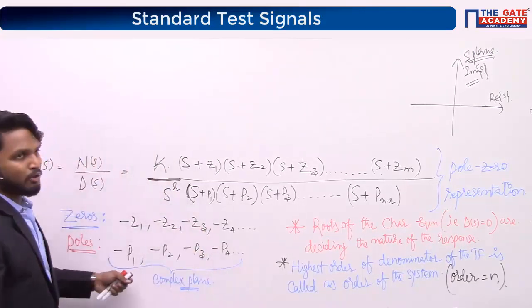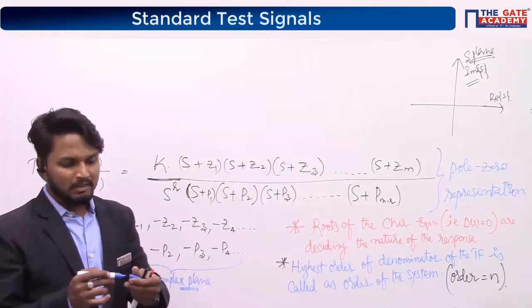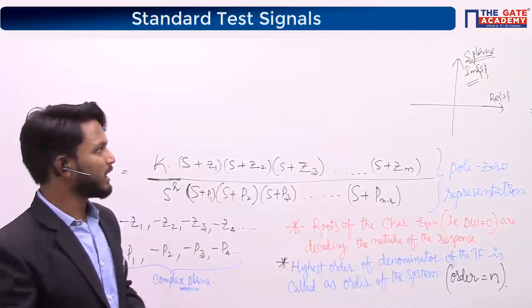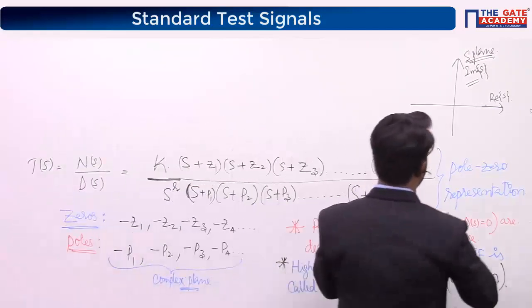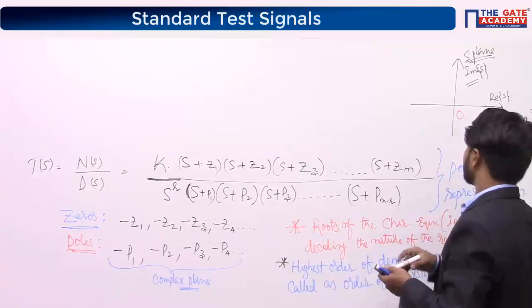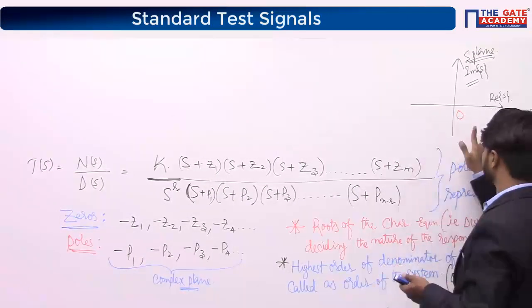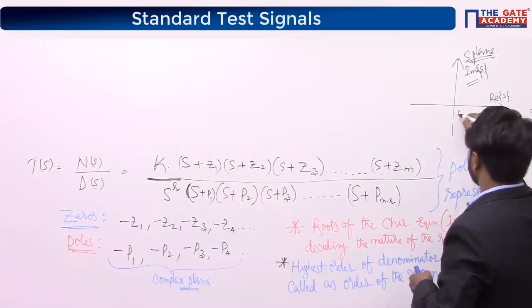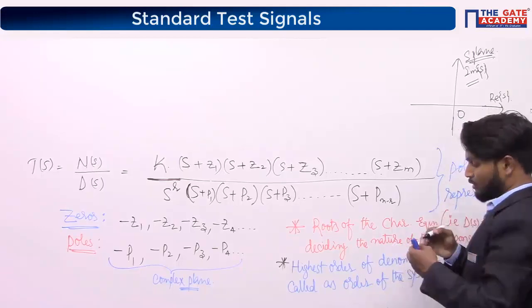So in the complex plane, there can be any number of poles at the origin as well as any number of zeros at the origin. This is your origin. There can be poles and zeros at the origin also.